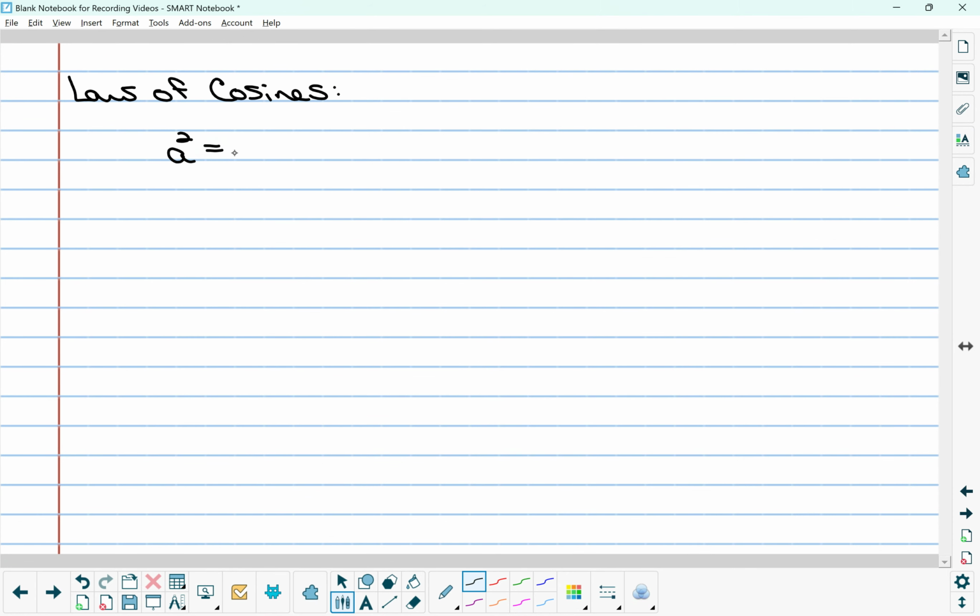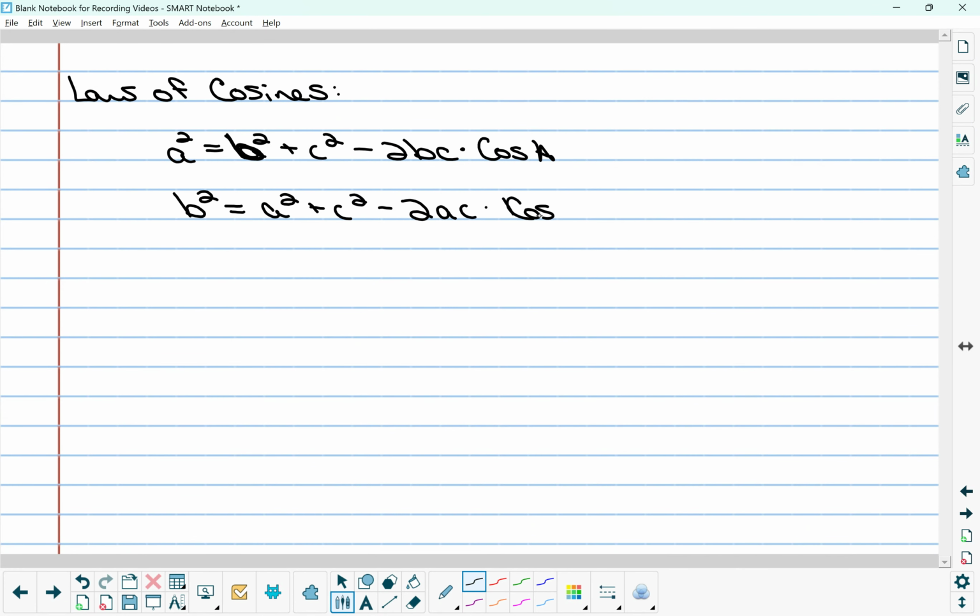A squared equals B squared plus C squared minus 2BC times cosine of A. The next one is B squared equals A squared plus C squared minus 2AC times the cosine of B. And then C squared equals A squared plus B squared minus 2AB times the cosine of C.